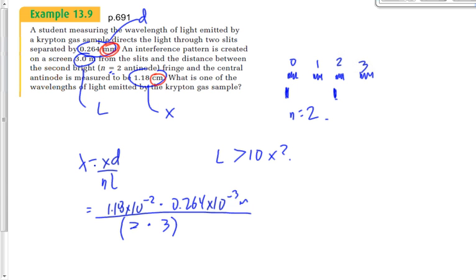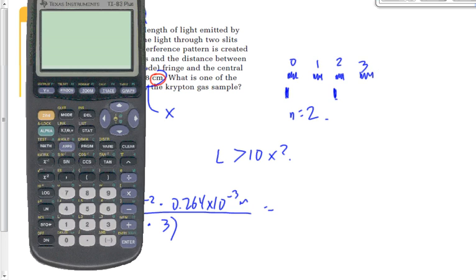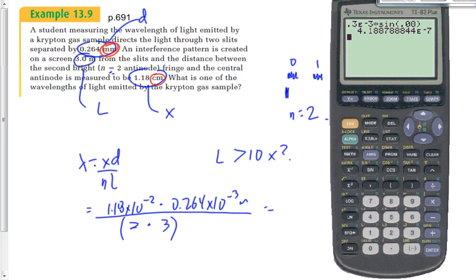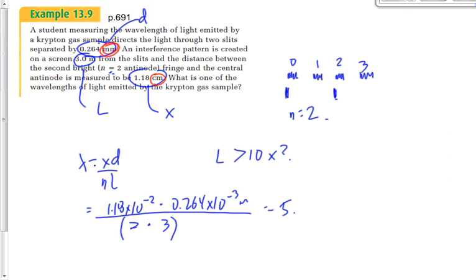So let's do this on a calculator here. 1.18 times 10 to the minus 2, times 0.264 times 10 to the minus 3. Let's divide that by, use some brackets here, 2 times 3. 5.19 times 10 to the minus 7. Hey, would you look at that? 10 to the minus 7, visible light. All right.